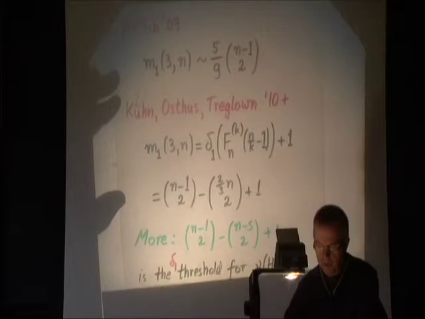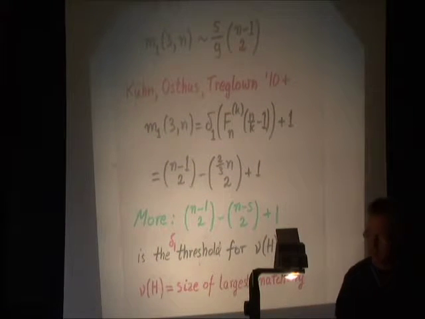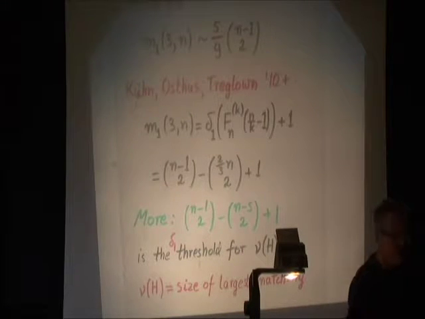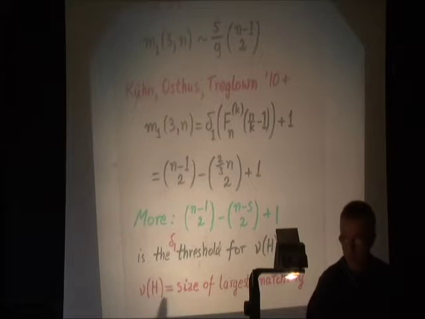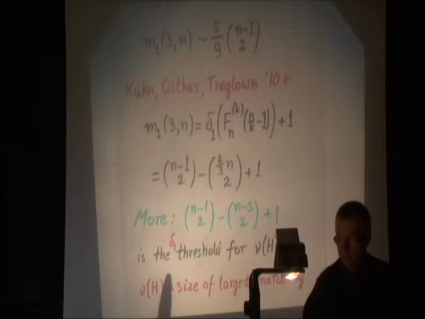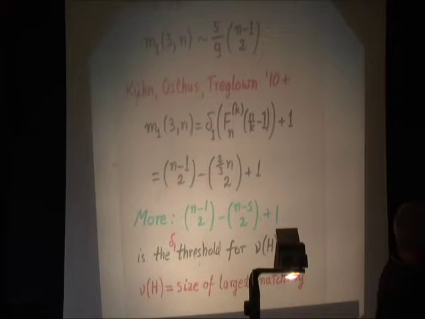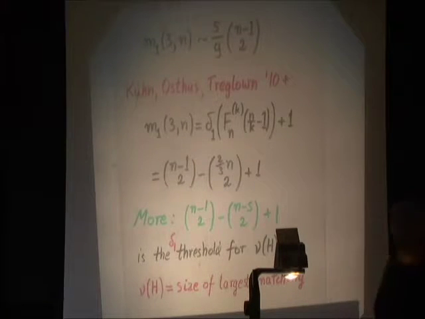Now, but they also proved more. They proved that in fact for every s, if you ask for the smallest vertex degree guaranteeing a matching of size s, because this was about perfect matching. But what about s? So the delta 1 threshold. So they proved that this similar construction with s minus 1 instead of this top.